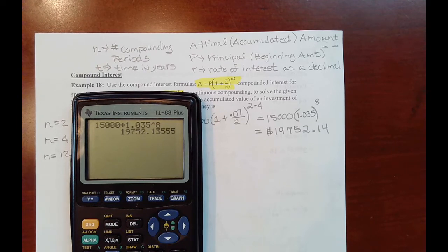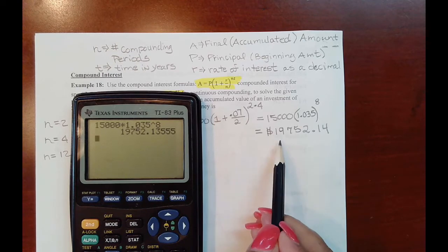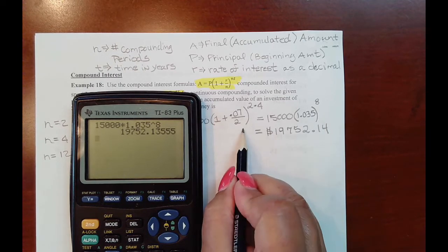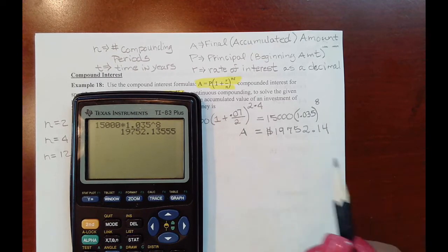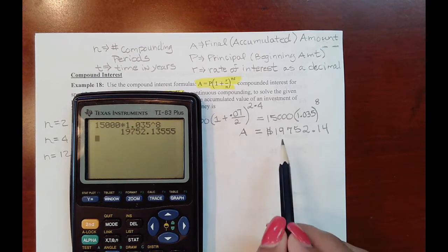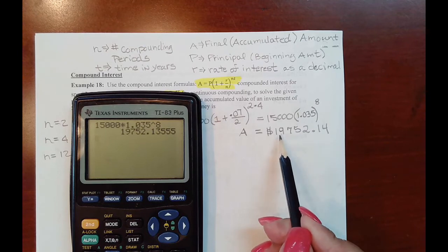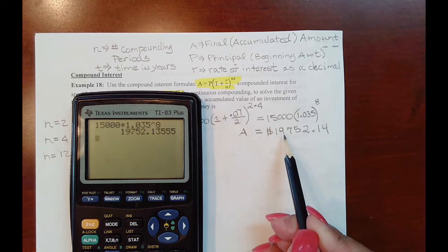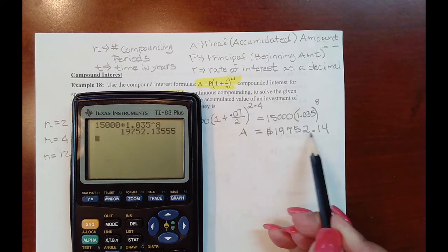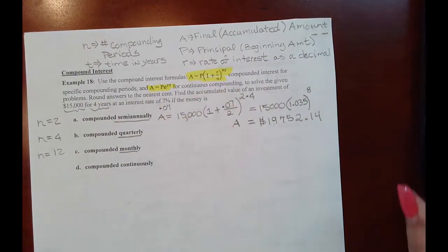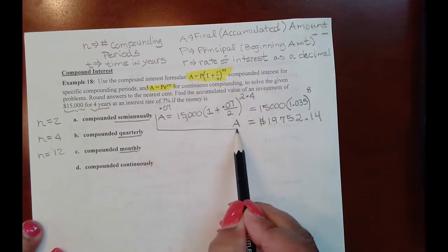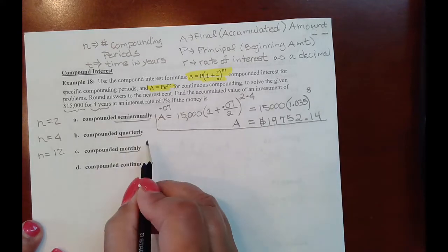That would just simply be subtraction. It would be what you ended up with, which is your accumulated amount, or in other words, your final amount, minus what you started with, which is this minus this would be $4,752.14. Okay, that's for part A.